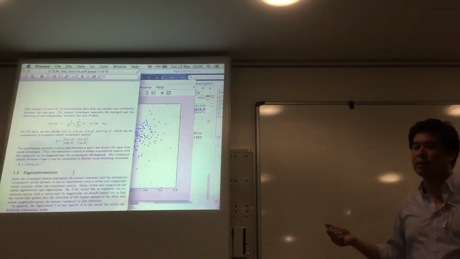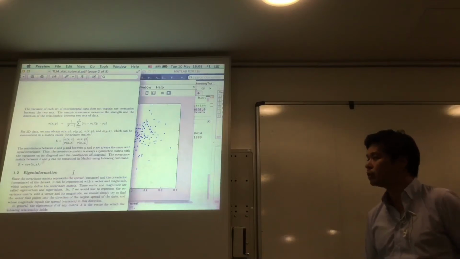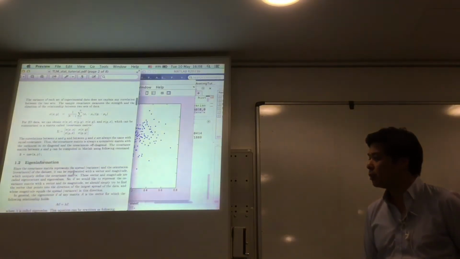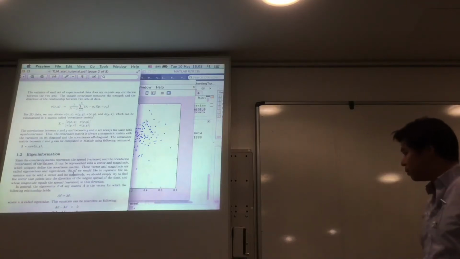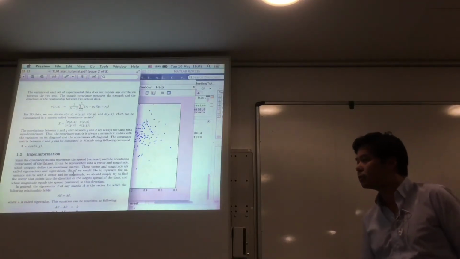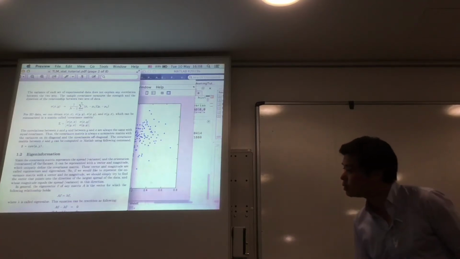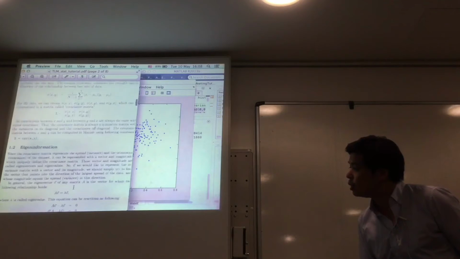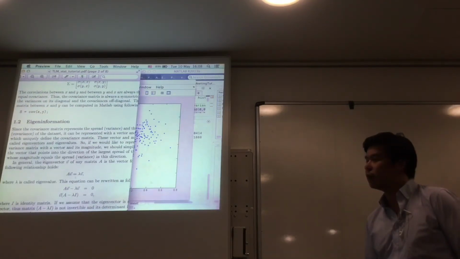How can we get the information out of that covariance matrix? We'll not go through the text; I think you can read it later. Basically, for any square matrix, let's say matrix A, we can compute the eigenvectors and eigenvalues from this relationship.